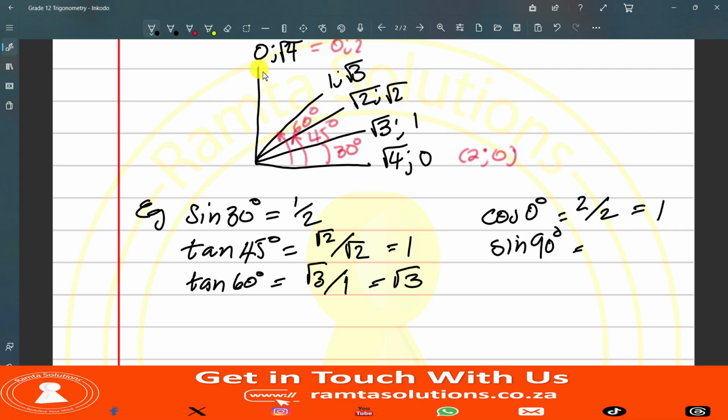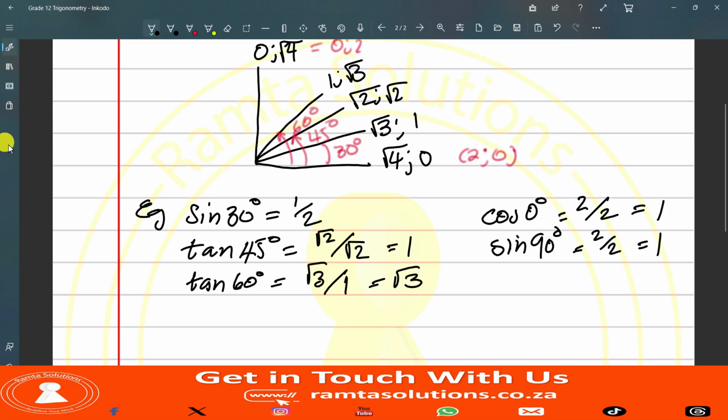Sine 90, here it is. Sine is y over hypotenuse. Y here is 2, and the hypotenuse is 2. So indeed, sine 90 is 1. And these are your special angles. Of course, even if you don't do this diagram, you can just press the values on your calculator and get them.